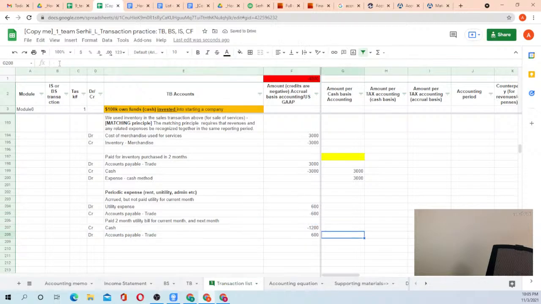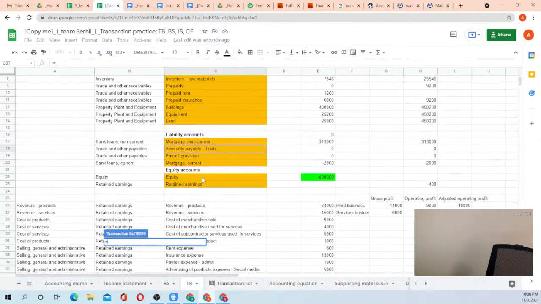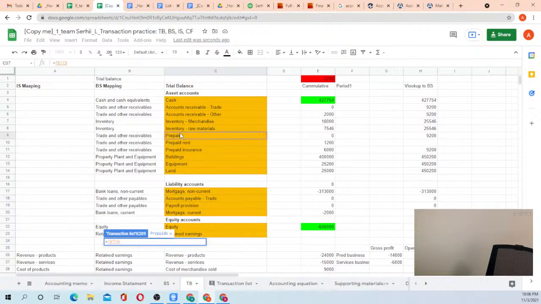We debit trade accounts payable here, and we need to put some prepayment here. So we create a debit. Let me use just some existing account, prepaids.